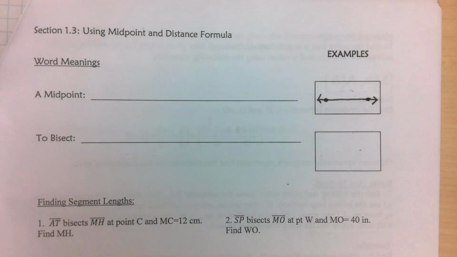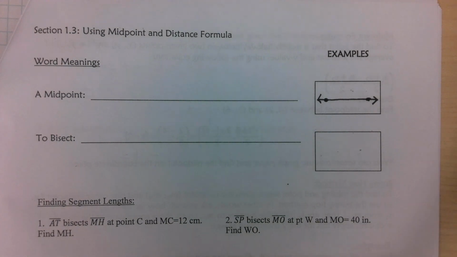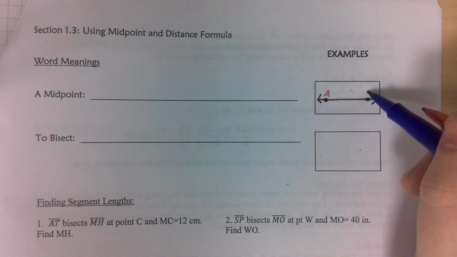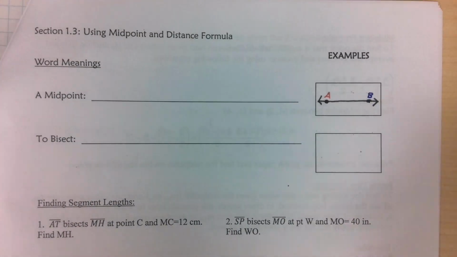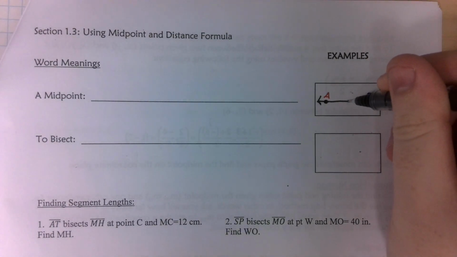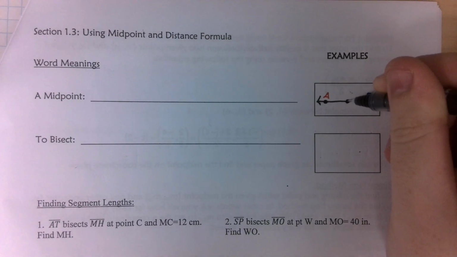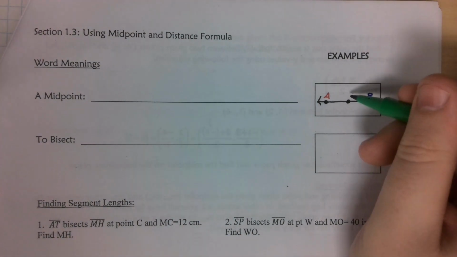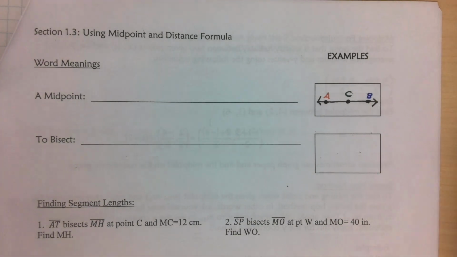We will call this A and B, as we always do, but I also want you to draw a third point that is exactly halfway between them, as exactly as you can. You can guess, you can use a ruler, whatever you prefer. Either way, we know that's going to be right around here. The point that is in between these two is called the midpoint, and I'm going to call it C.